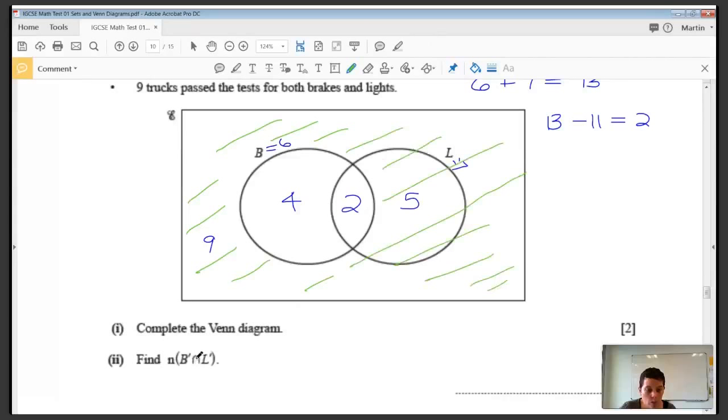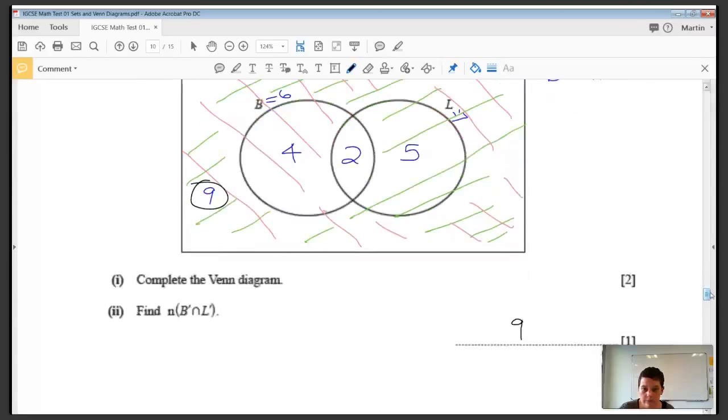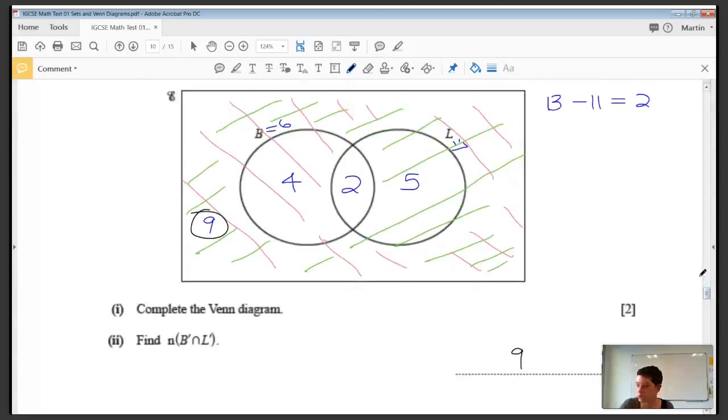We don't want what is in L, so pink is outside L. And we're looking for the number where those 2 intersect. So where do you have pink and green lines? It's actually here in your universal set outside your B and L. And how many do we have there? We have 9. Okay, a few moments to look at that one and my beautiful pink and green lines.